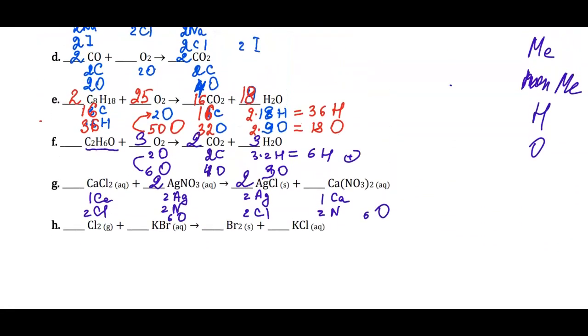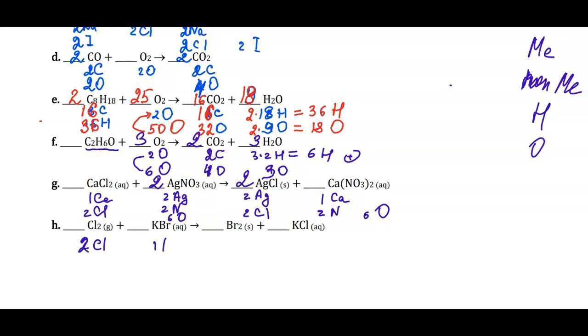Okay, and the next one, the last one here. So chlorine gas reacts with potassium bromide, and bromine is being formed, and potassium chloride, right? So 2 chlorine here, it's 2. Very strange, but it's 2.